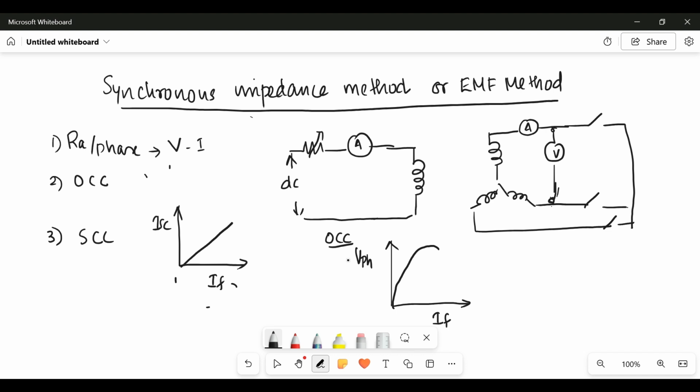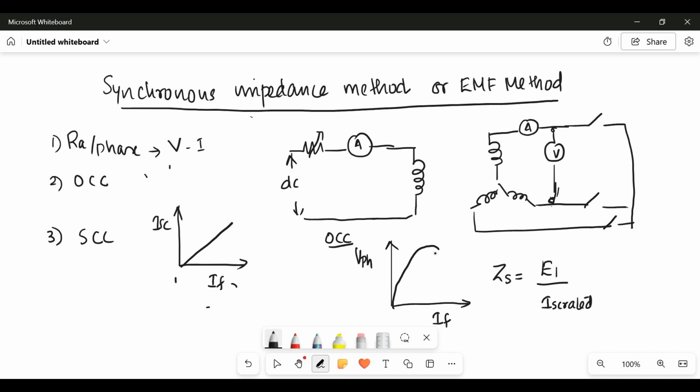Then, in order to find the synchronous impedance ZS, which is E1 divided by ISC, where ISC is the rated short circuit current. We know the rated short circuit current, that is the rated current of the alternator, and we should find out the E1 corresponding to the rated current.